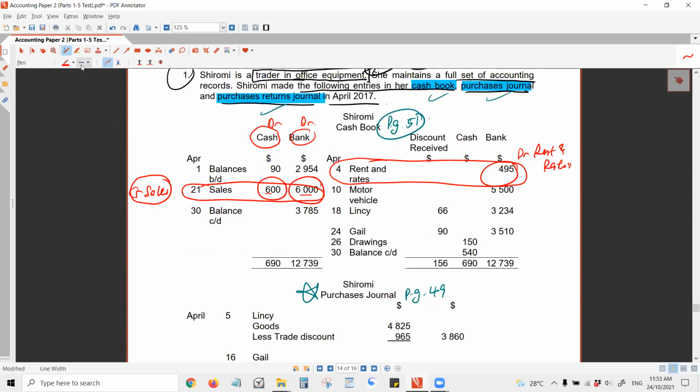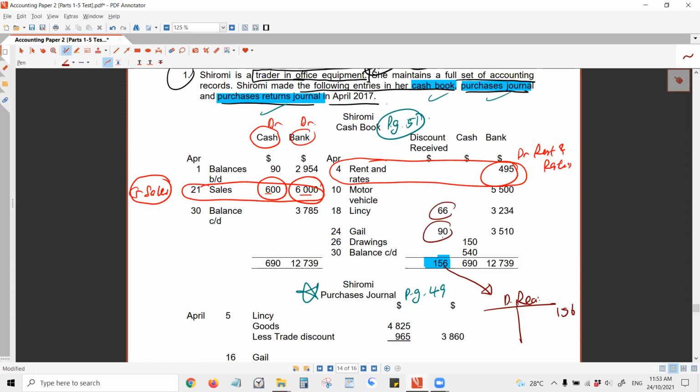And don't forget about the discount total. This should be carried to the discount received account, credit side, 156. Common mistake made by students: they use 66 and 90 instead.